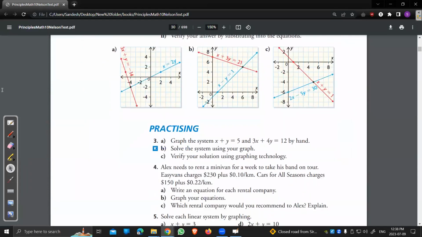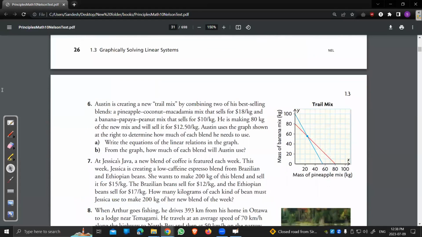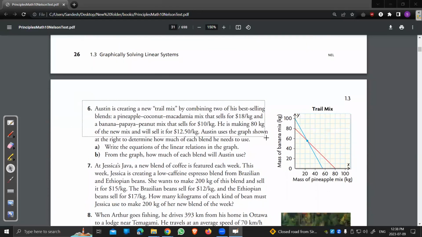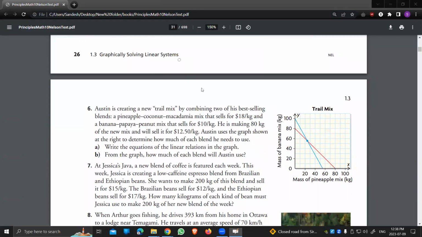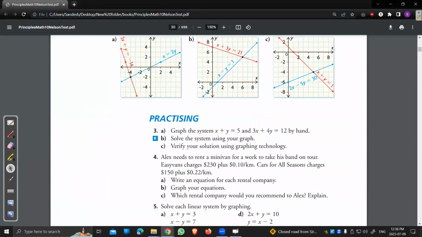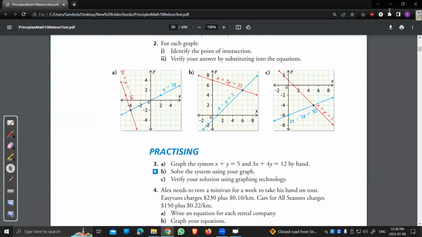Most of these questions are elementary. I'm looking for some things better. All right, we can look at this one. Or if I give you a question like this, you can identify the point of intersection. Even this one, graph the system, solve the system, you just graph it.